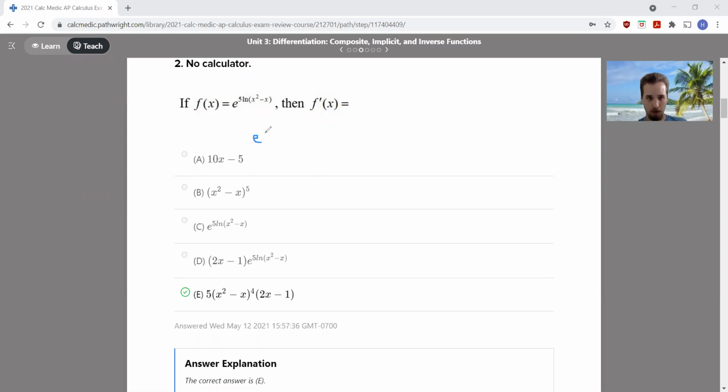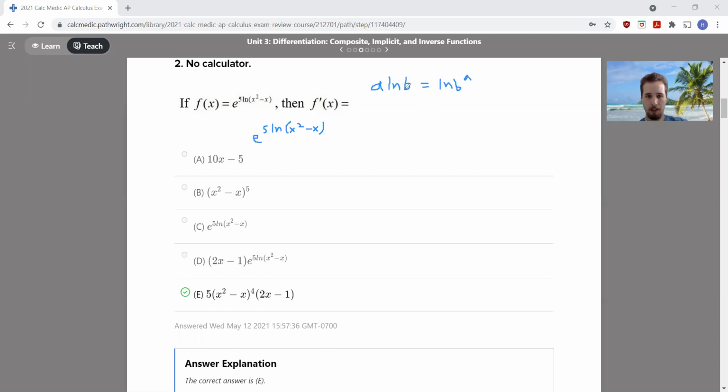So I have e to the 5 ln of x squared minus x. Well, if I have a times ln of b, well, I can actually make this equal to ln of b to the a power. I can bring the a to the exponent, right? These are interchangeable.